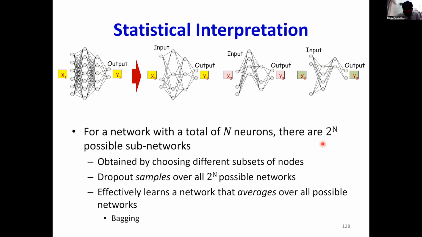So basically what is happening is you're using this original network as a template, but you're actually treating the original network as a collection of 2 raised to n different classifiers. And each time you flip your coin and turn things off, you're basically sampling one of these 2 raised to n possible networks. Does that make sense?